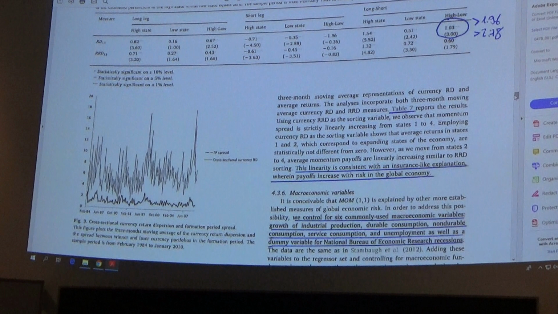So maybe if the spread is high in the formation period, which is last month, the return difference, then the return difference is also high in the next month, in the forecast period.